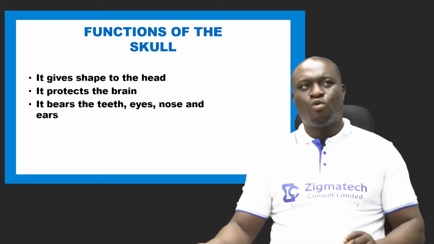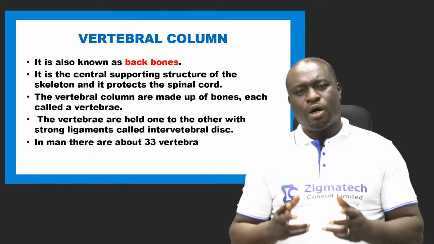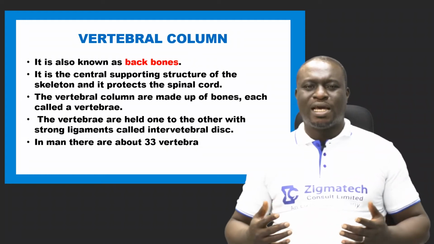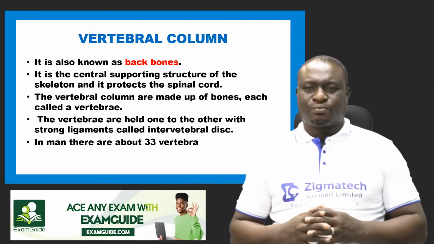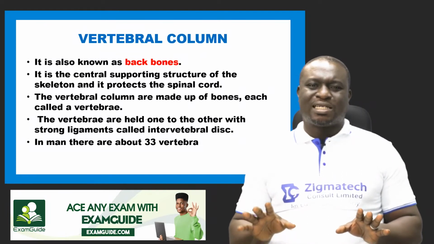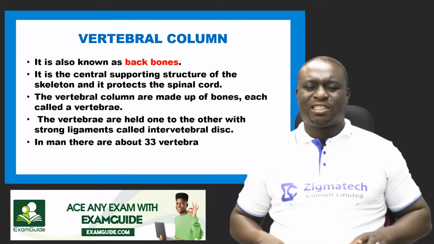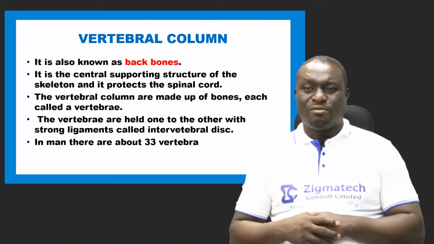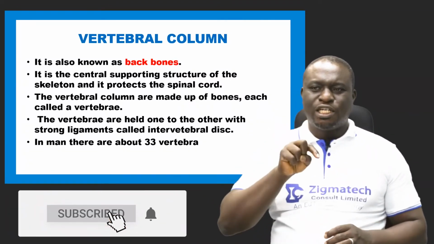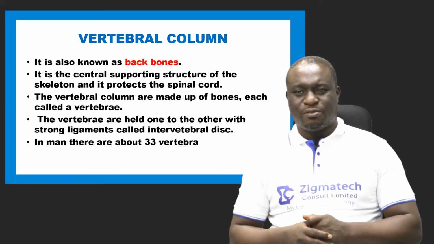Now let's move to what we call the vertebral column. Like I told you, another name for vertebral column is the backbone. Now, we want you to understand that there are so many bones found in the vertebral column, and each of these bones is called a vertebra.